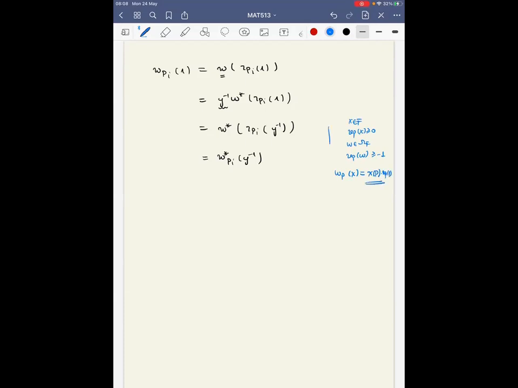And thanks to this equality, we can write this statement as y inverse(Pi) times omega star local component at Pi of 1. And since we set this quantity as ai, and this is also something we will discuss in the discussion session, it can be written as ai inverse, and indeed we can see the desired equality.